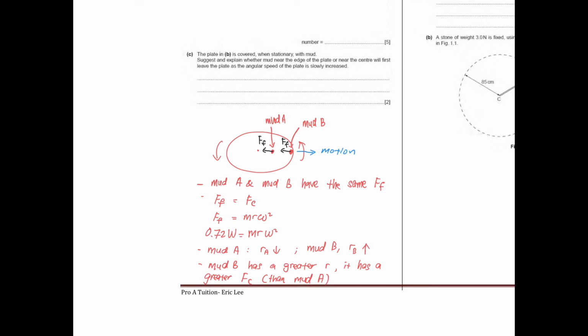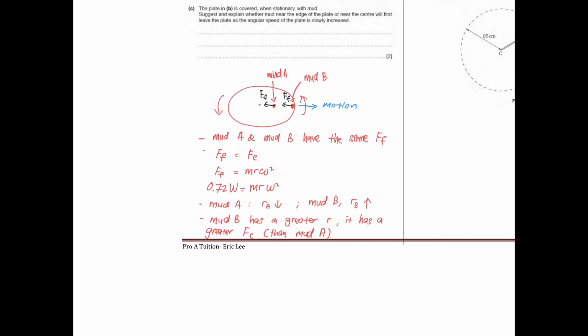So mud A has a smaller centripetal force. Mud B has a greater centripetal force. Because they have different radius, you need to know centripetal force in this way also. Centripetal force is also the force that holds the object in circular motion. So that is another meaning of centripetal force.